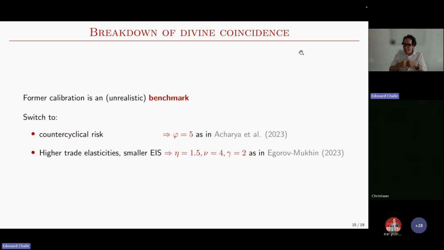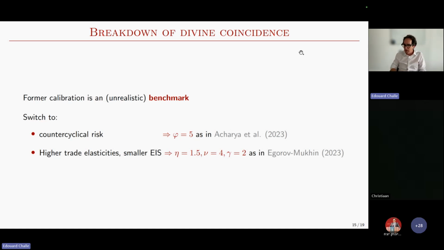So that's one aspect. The other aspect will be to change the elasticities towards more realistic values than the Cole-Fed elasticities. So here there are different ways of calibrating the model.